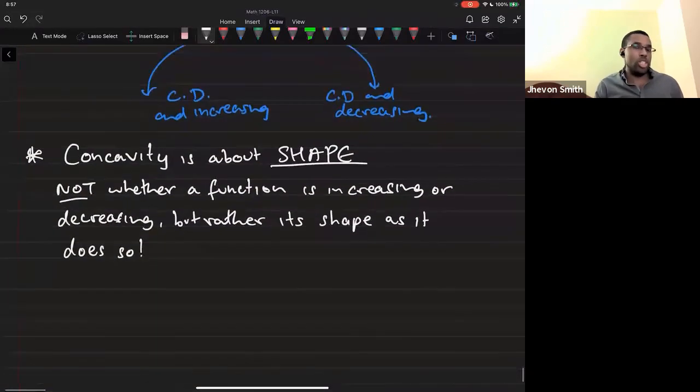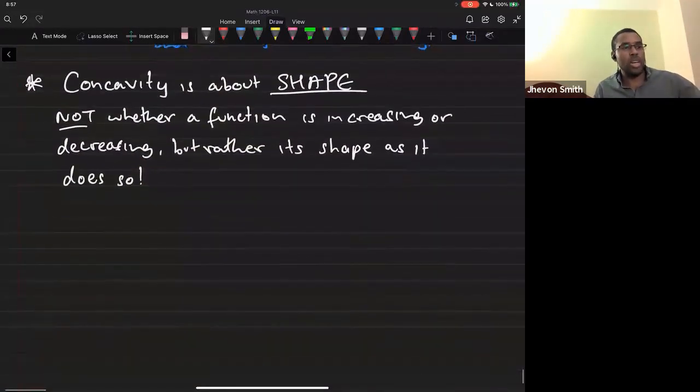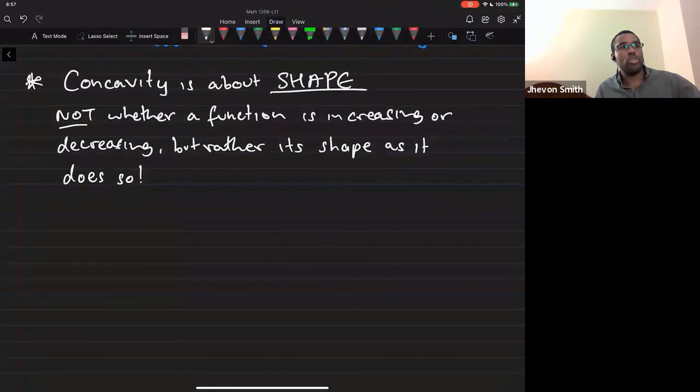Essentially, you want to describe whether you shape like a frowny face or a smiley face, and you can be moving up or down as you do this.